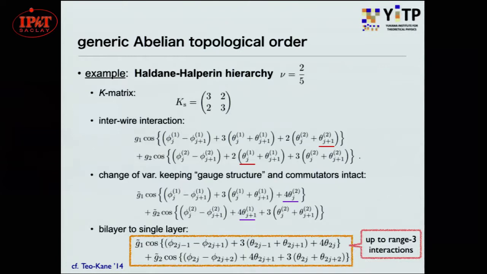But you can make a change of basis to reduce the number of interactions this way. If you crush this bilayer system into a single layer system, we get this inter-wire interaction in a single layer system. This inter-wire interaction was already given by Teo and Kane by some heuristic argument which I couldn't follow, but anyway, I can report this as a known result.